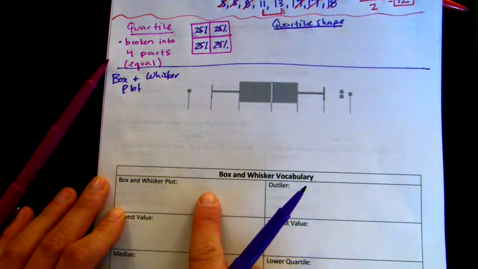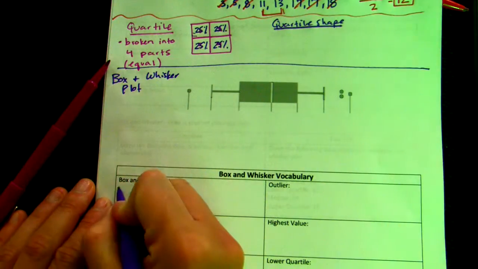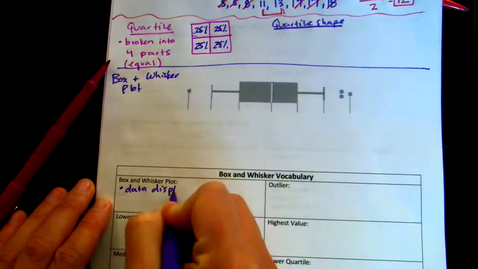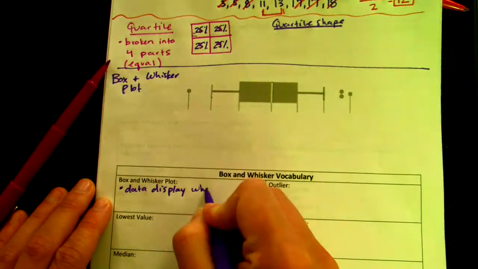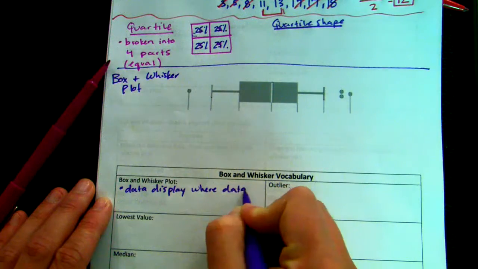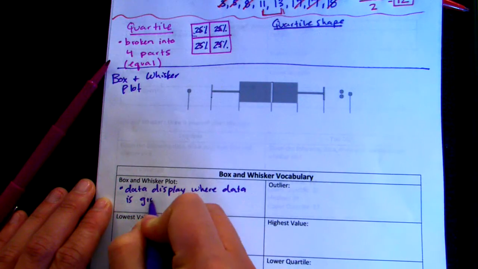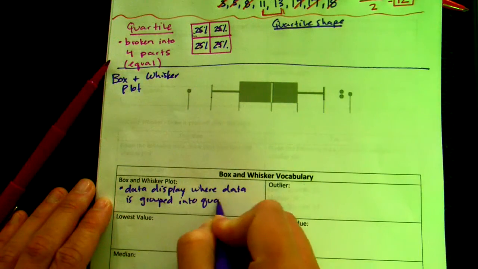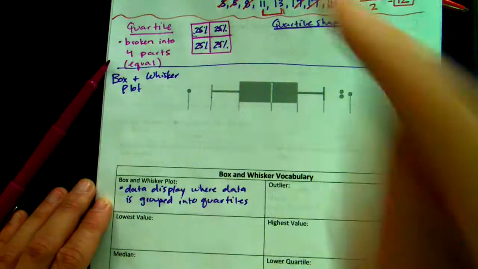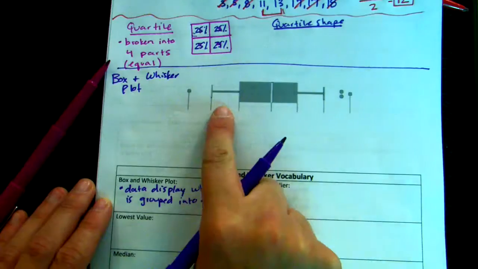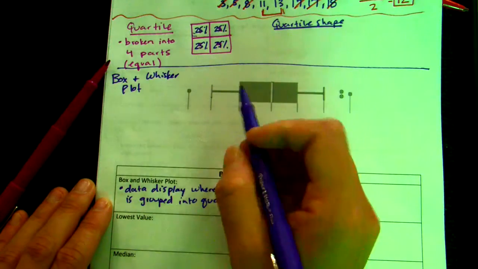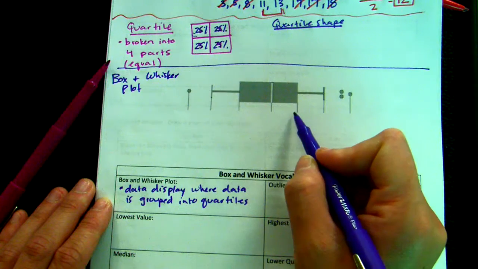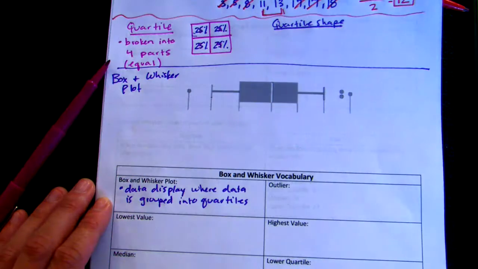So here our definition for a box and whisker plot is a data display where data is grouped into quartiles, like we just talked about above, where 25% of the data is in this quartile, 25% is in this quartile, 25% in this quartile, and 25% in this quartile.